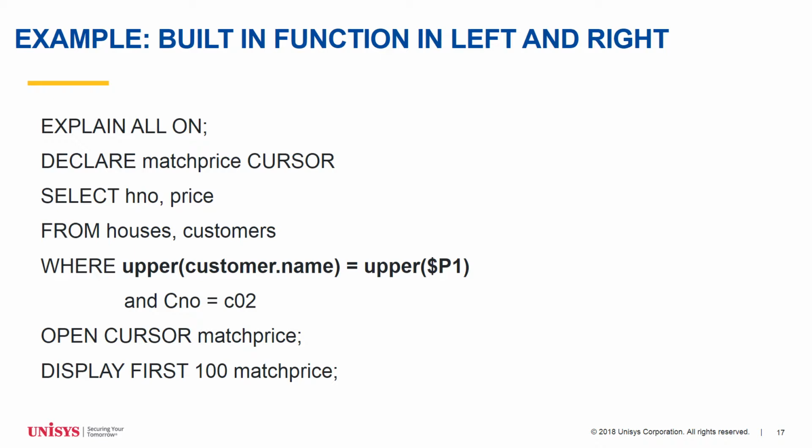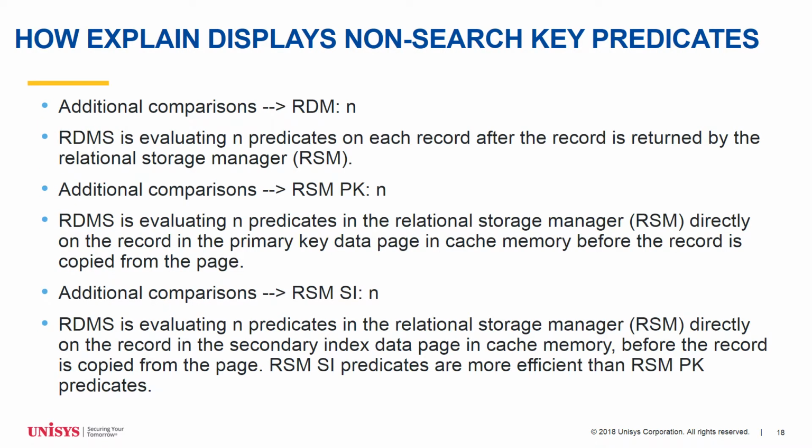The column value customer name is folded to uppercase, and the result is compared against the value in the program variable $P1 folded to uppercase. The feature changes the candidate predicates from RDM predicates to RSM predicates. Therefore, the explain statement will reflect these changes when displaying information regarding predicate evaluation.